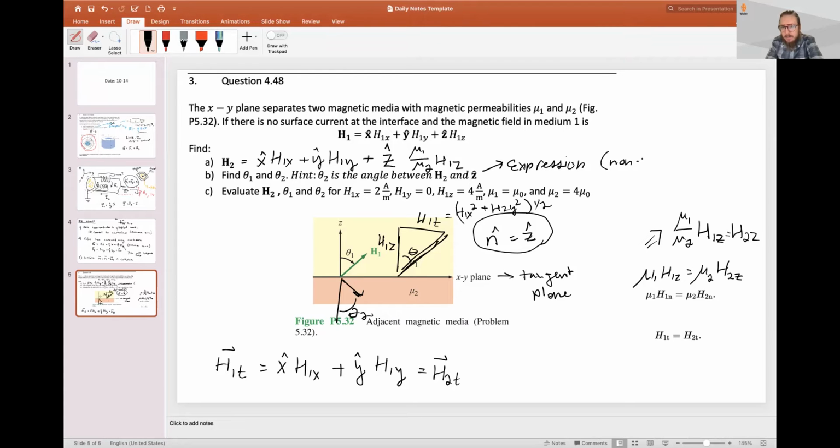Non-numerical. And then in part C, you will just plug in, you have all these values now, just plug them in. So that's how you arrive there.